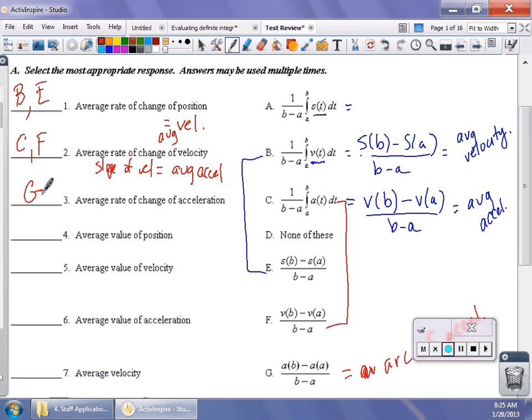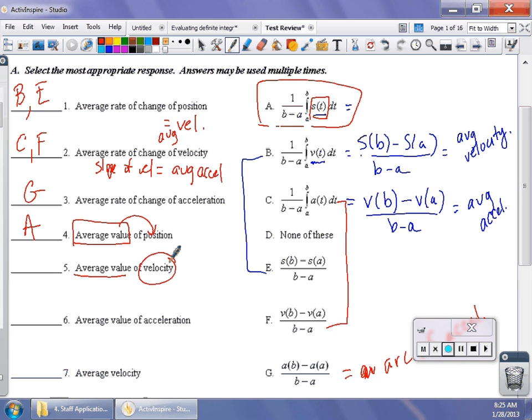The average value of position, so that tells me basically to use the average value formula on the position function, which is letter A. So there's my average value formula used on the position function, 1 over b minus a, and there's my position function. The average value of velocity tells me to use the average value formula on the velocity function.